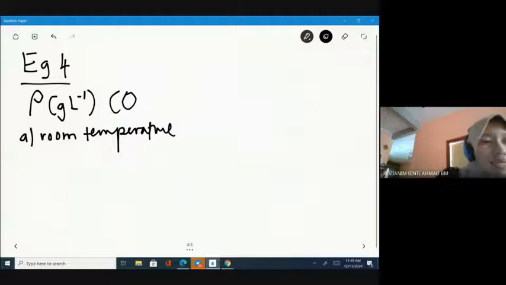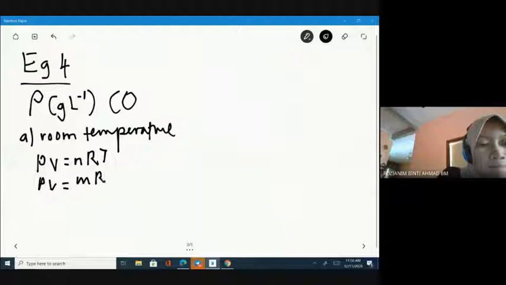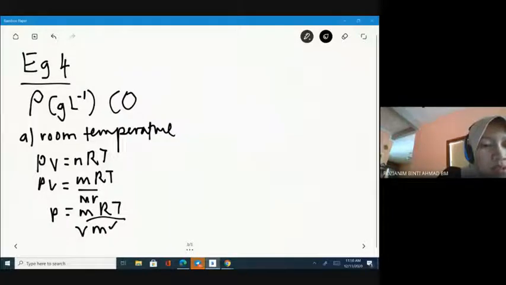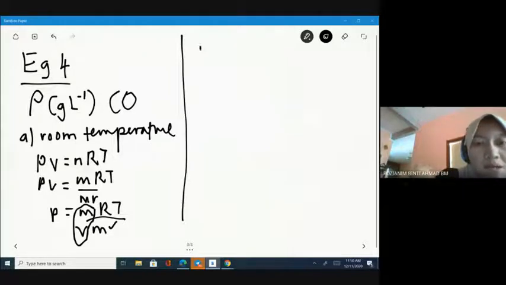Okay, so this density can come from the ideal gas equation. So we rearrange the formula first. So we can find the density, and the relationship is density equals PMr over RT.